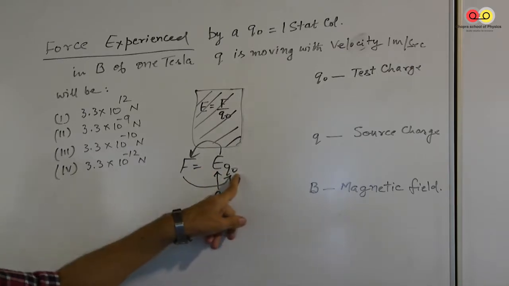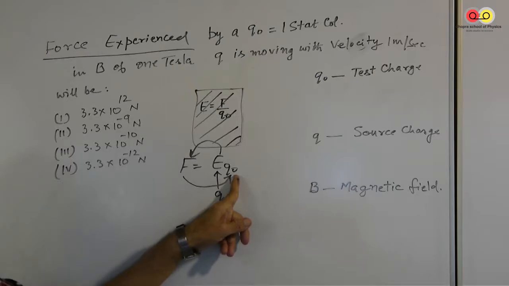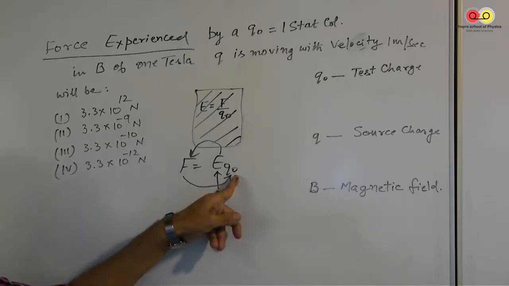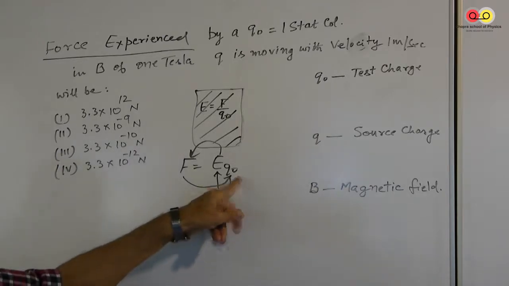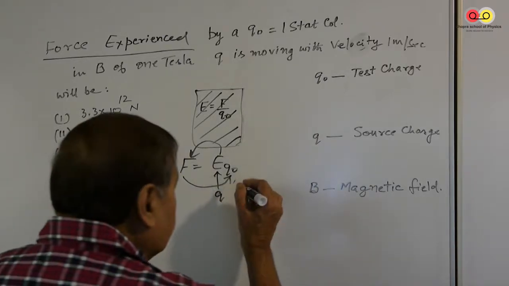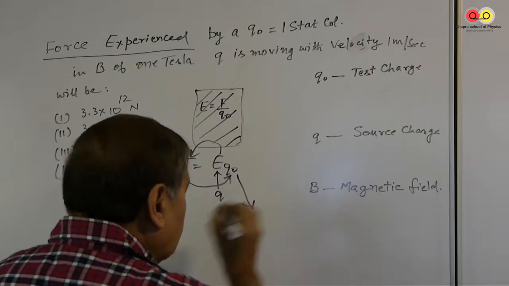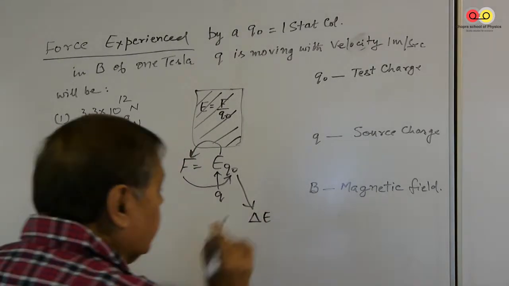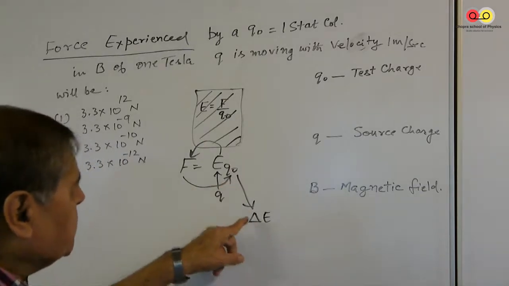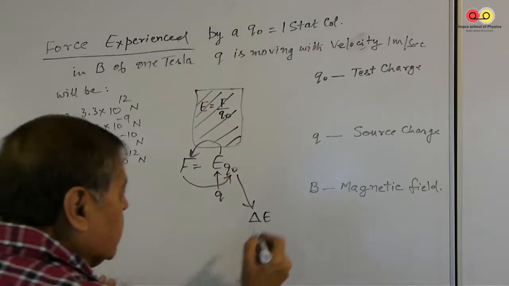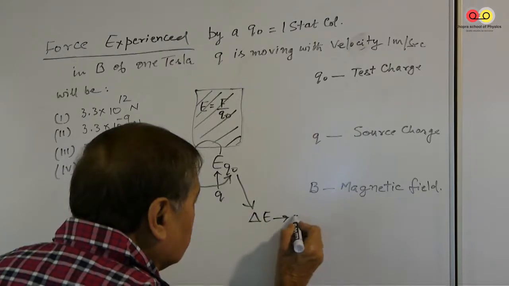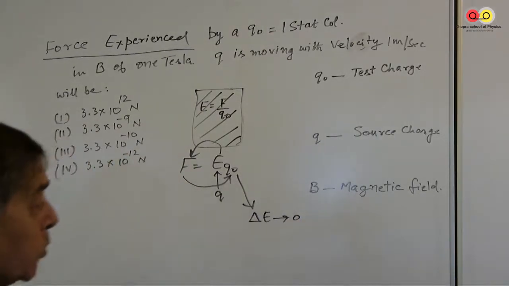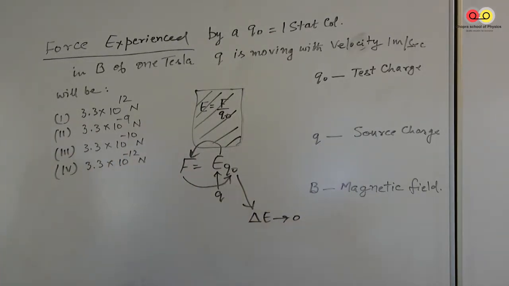Test charge also has tendency to generate field, but the field is so small that it is insignificant. So for test charge, electric field is delta E. When we write delta E, it means very small electric field, approaching zero, not exactly zero.